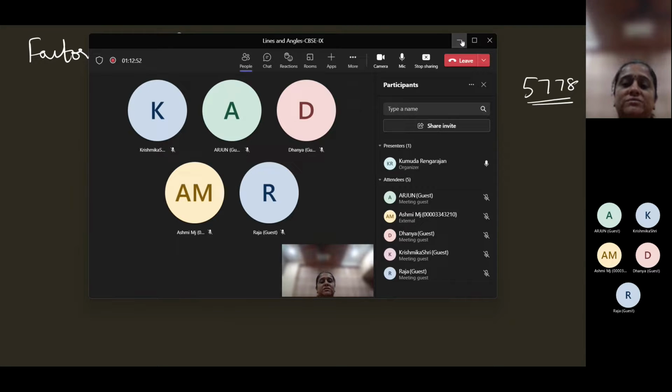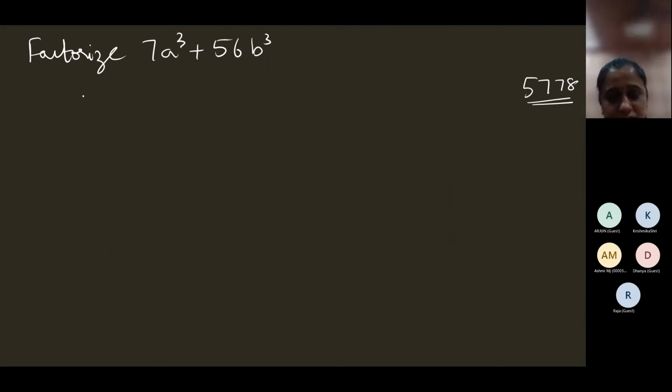What's the first step, Danya? What have you written? Ma'am, by using the formula a cube plus b cube, ma'am. Okay, fine. What is the first step? What have you written?